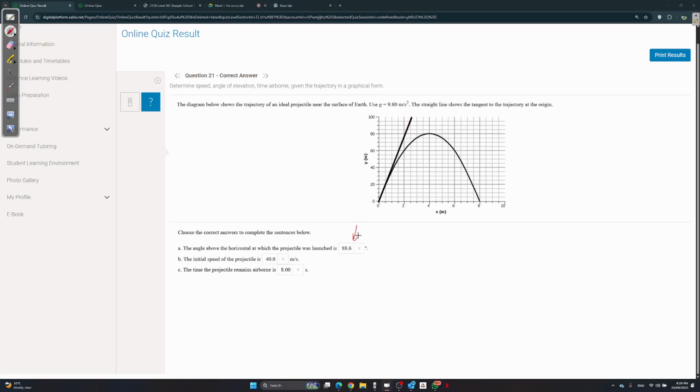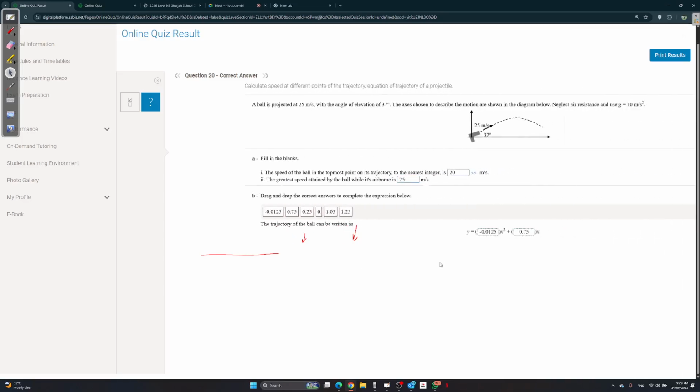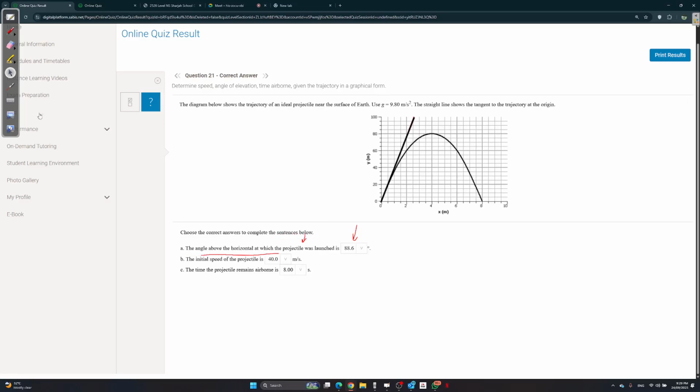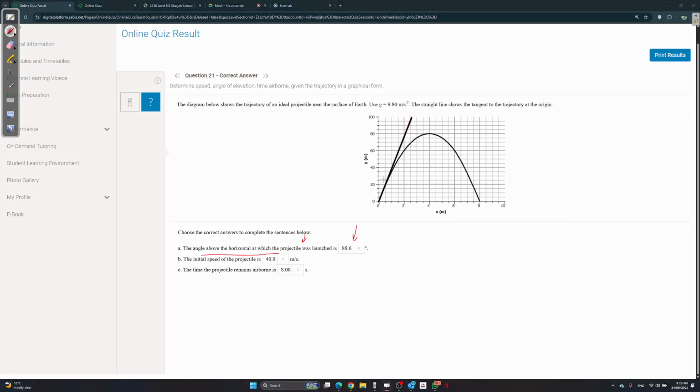For this one, I don't know if it came, but it came in the CA once. The angle above the horizontal, what do you do? Sometimes you have to use the trajectory formula, minus g over 2 v naught squared cosine squared theta x squared plus tan theta x. But here, to find the angle, you don't have v, so you can't use the trajectory formula. But they gave you y, they gave you x, and they gave you a tangent line.